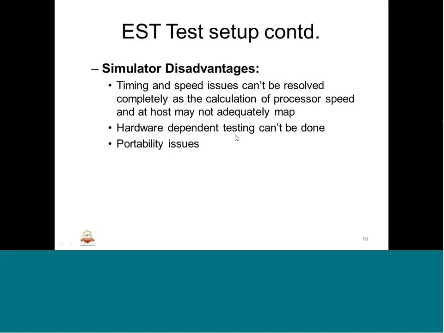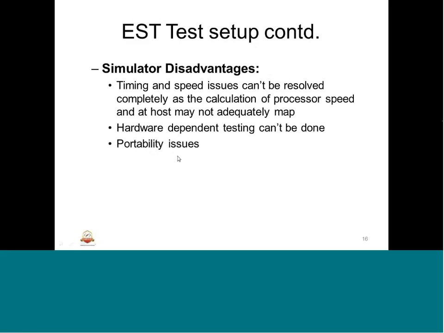And of course, as I said, hardware dependent testing, like the baud rate or the interfaces connected for SPI, we may not be able to test. And of course, we have developed the code in the host environment, cross compiled and done simulation, and we should be able to port it as it is to the target without difficulty.